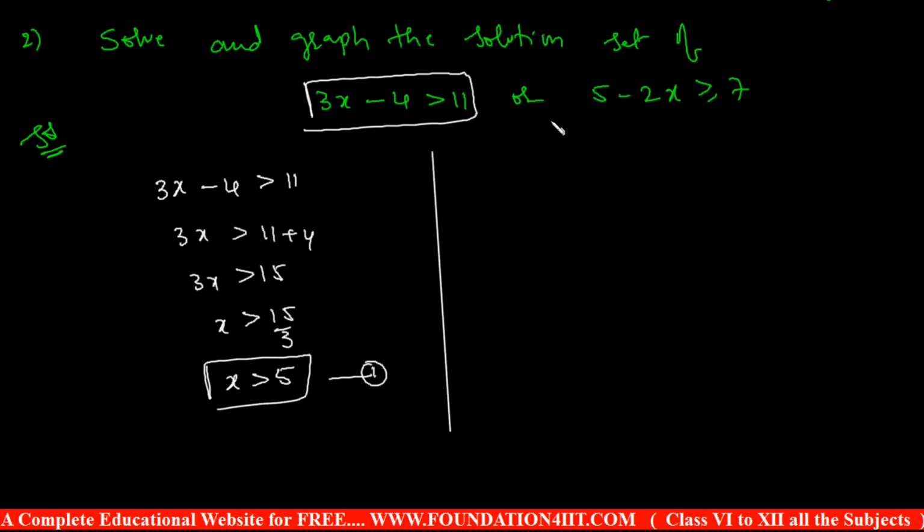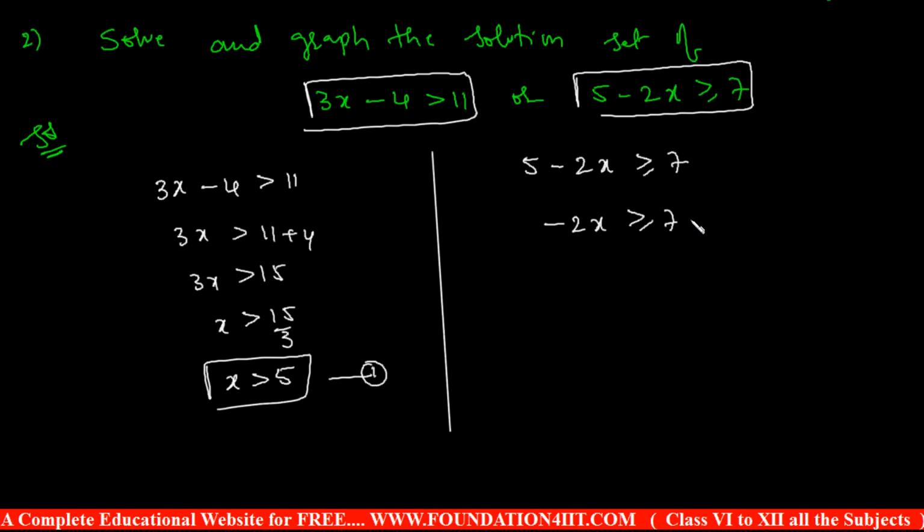And one more, from the second inequality. 5 minus 2x is greater than or equal to 7. Okay, minus 2x is greater than or equal to 7 minus 5, which is 2.